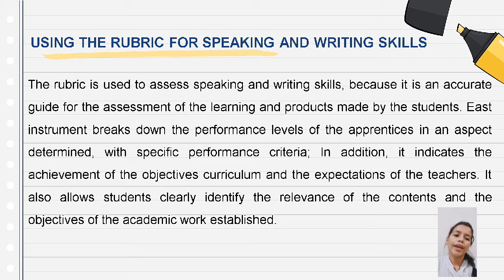In addition, it indicates the achievement of the objective curriculum and the expectations of the teachers. It also allows students to clearly identify the relevance of the content and the objectives of the academic work established.